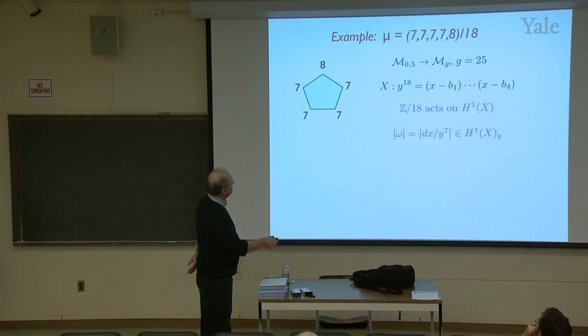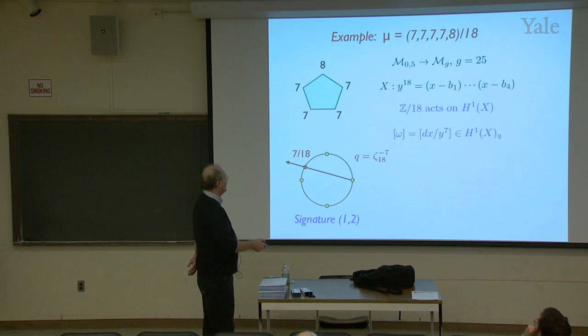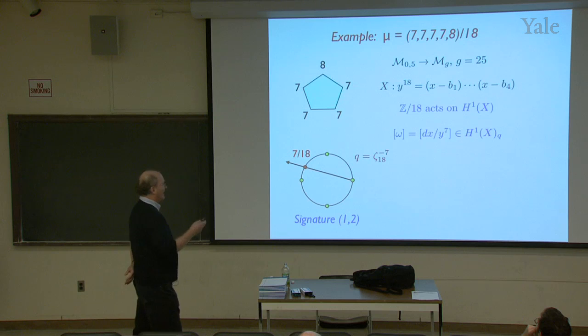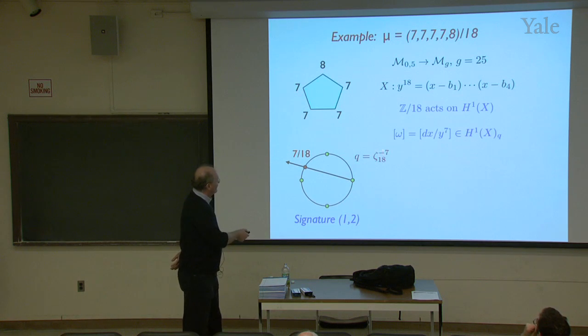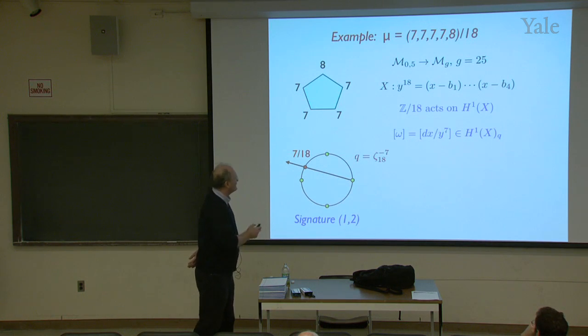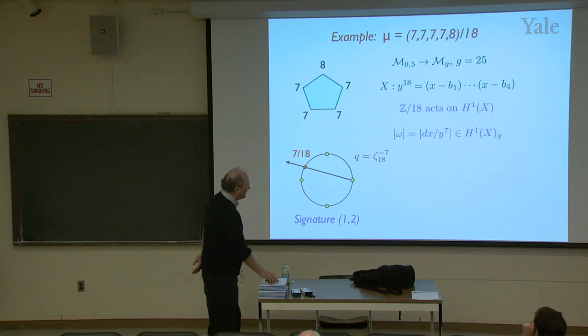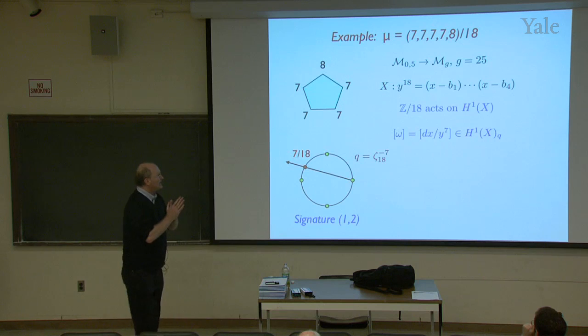You can decompose this homology according to the eigenspaces of this Z mod 18, and this lies in the eigenspace associated to one of the 18th roots of unity, namely minus 7 times the primitive 18th root of unity, because we have a y to the 7 in the denominator here. OK, so now here's an interesting problem in its own right.